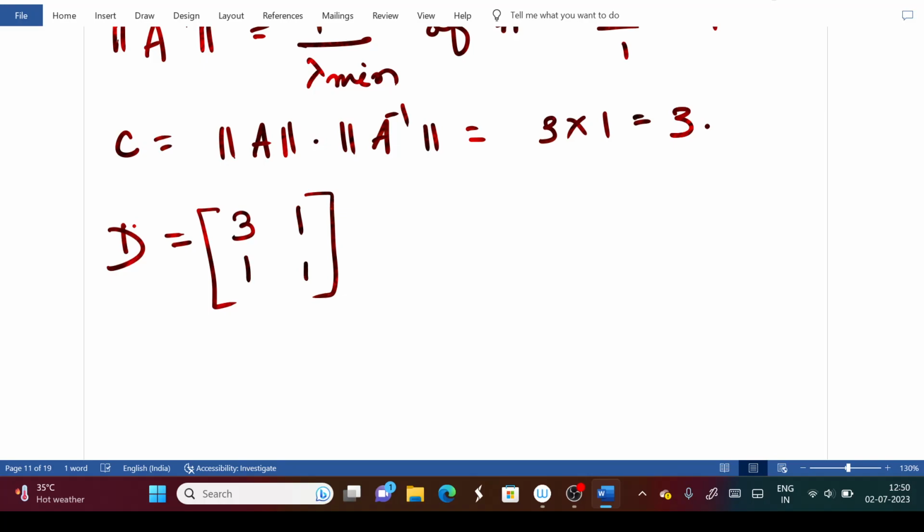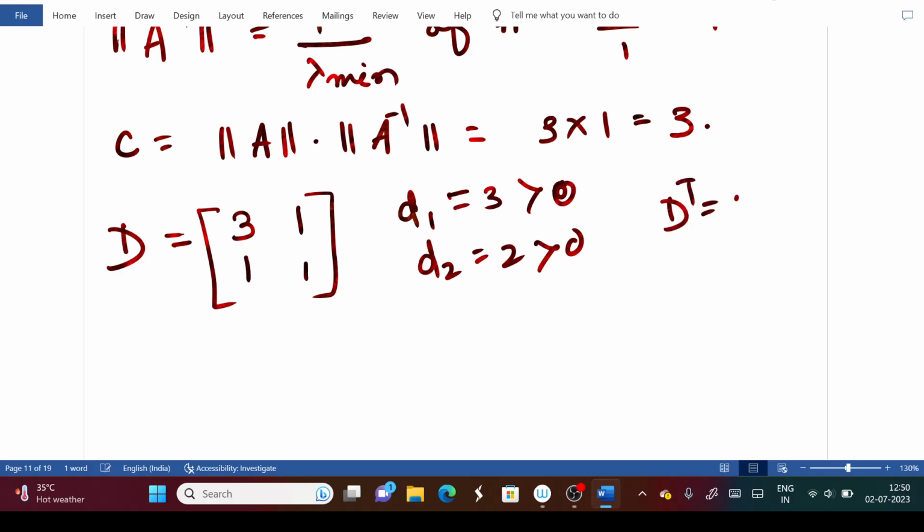It is symmetric and the determinant is positive. D1 is equal to 3, D2 is equal to 2, both are positive, and D transpose is equal to D. Hence D is positive definite.